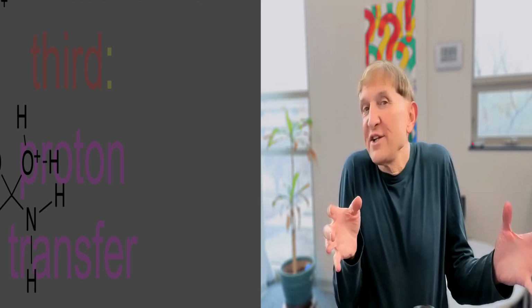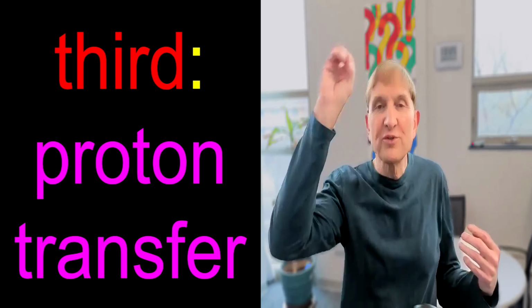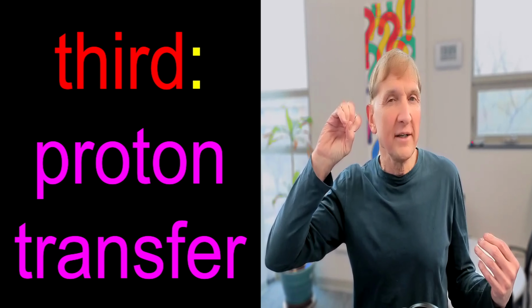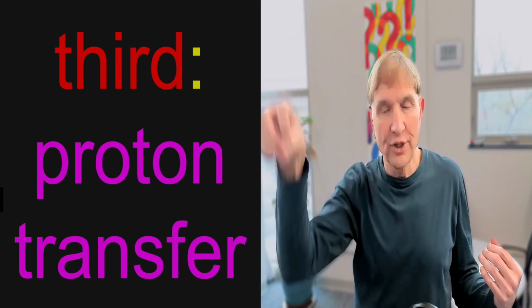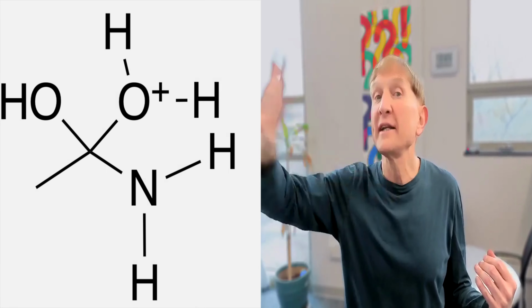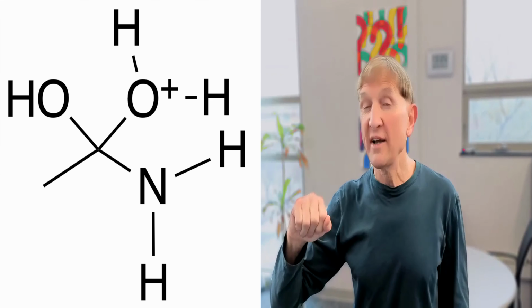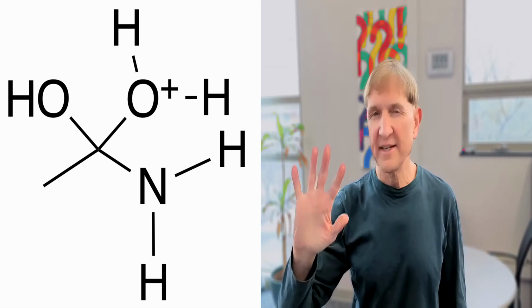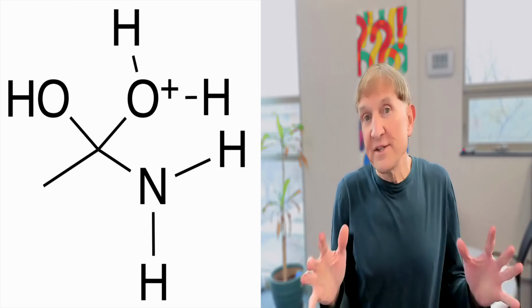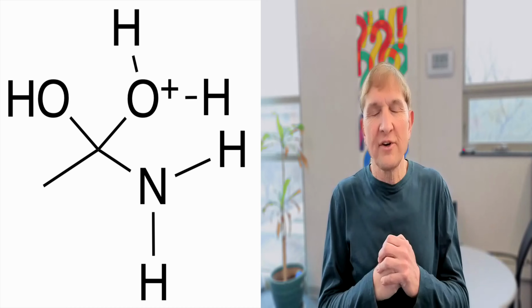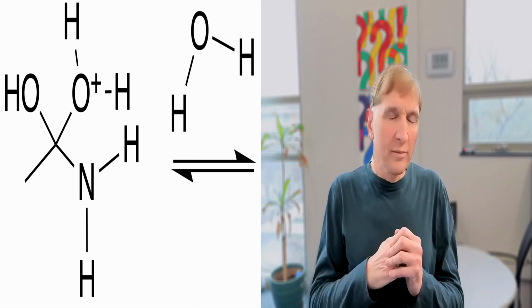The way that we arrange that is take a proton off the oxonium ion that we generated and put it on the nitrogen, making it a better leaving group. Otherwise, it would have to leave as NH2 minus. That's bad. And I think the best way to show that proton transfer is via a water molecule.